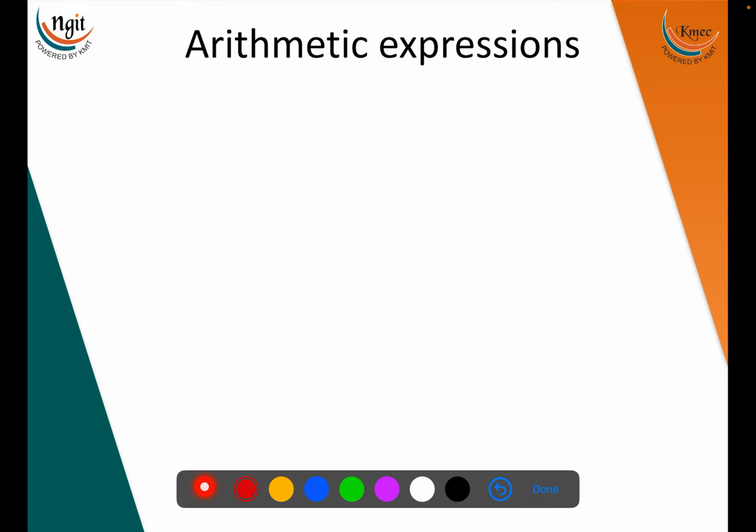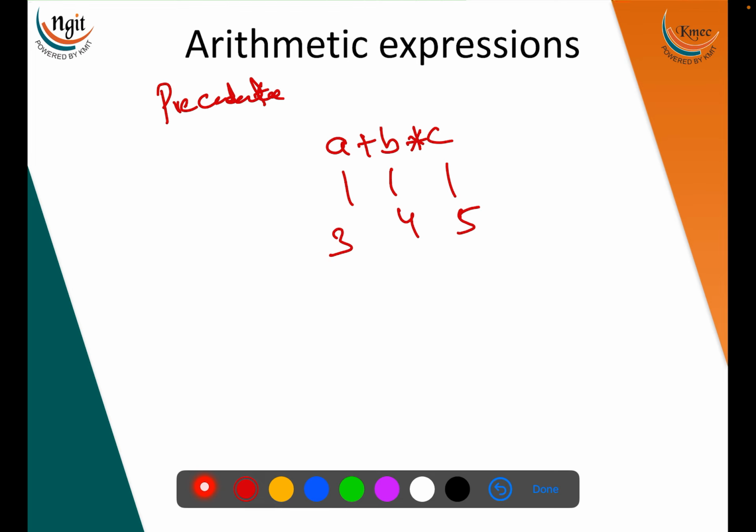When I talk about arithmetic expressions, one point will come to our mind, which is operator precedence. Let's say I wanted to calculate a plus b into c. Suppose the variables a, b, c have the values 3, 4, 5 respectively. If evaluated left to right, the result will be 35.